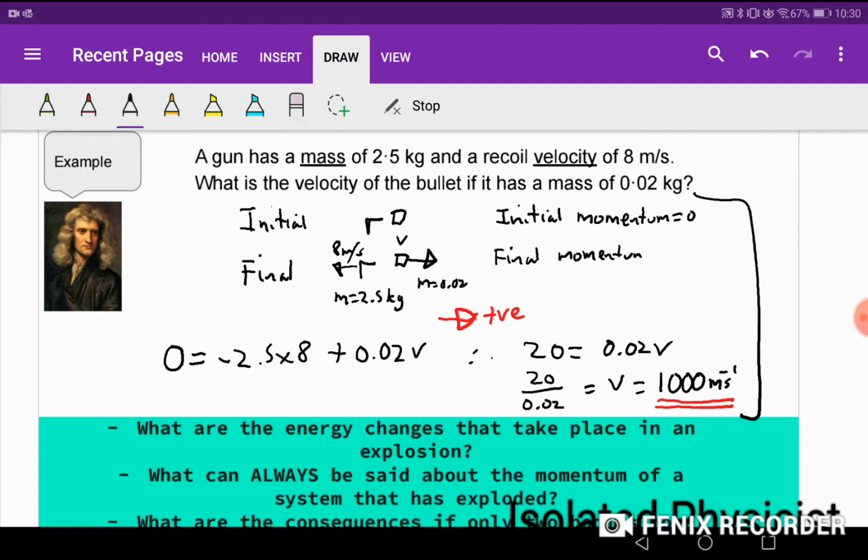Therefore, the momentum of the gun equals 2.5 times 8, which is 20, and that must be equal to the momentum of the bullet, 0.02 v, and you've done it that way very quickly. And that's okay, because you knew it was an explosion. But I wanted to show you where it all comes from.